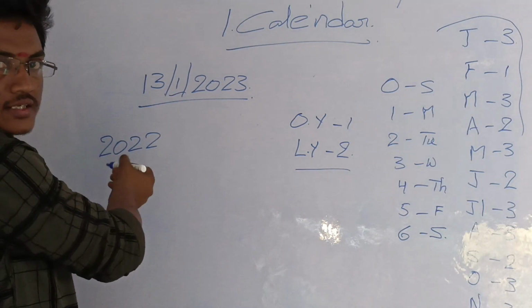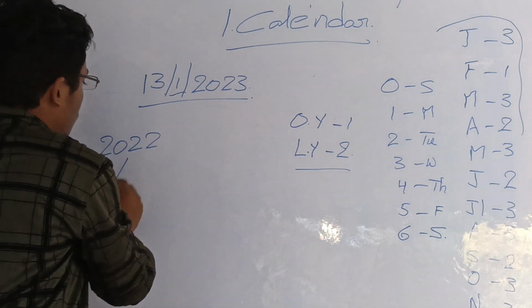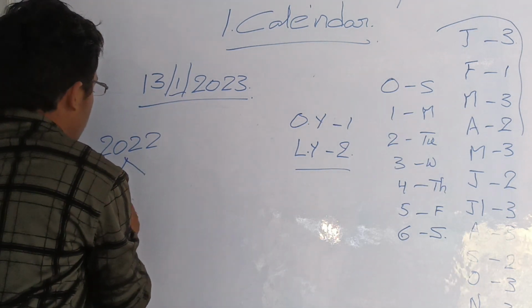In 2022 years, we can divide it into parts: 2000 years plus 22 years.